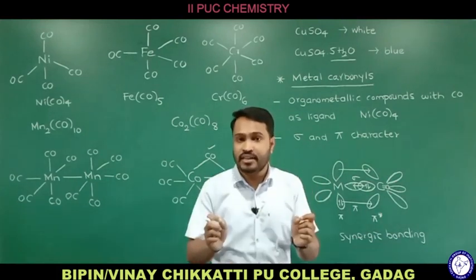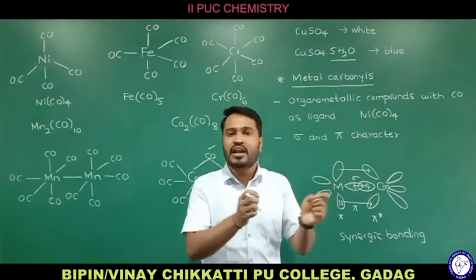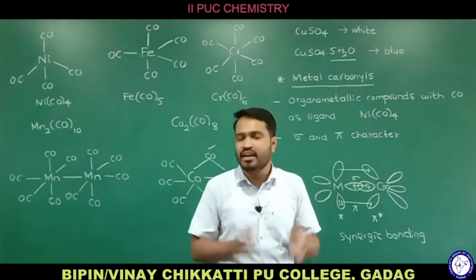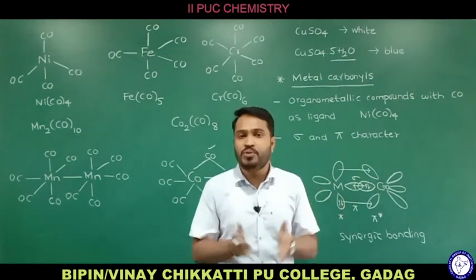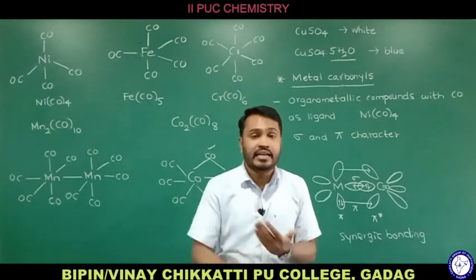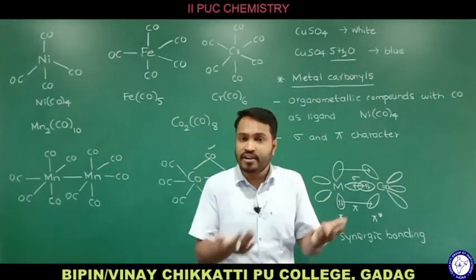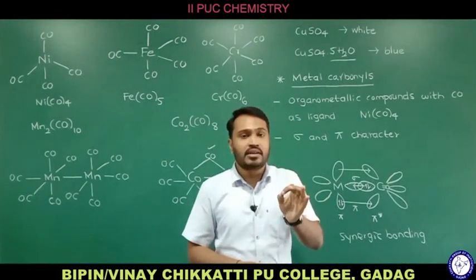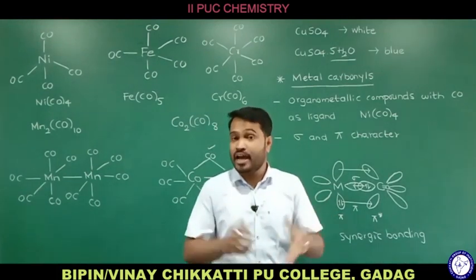According to crystal field theory, the bonding between the central metal atom and ligand is purely ionic or purely electrostatic, but there is no explanation for the covalent character of the bond between the central metal atom and ligand. Ligands are considered as point charges if you consider anions.